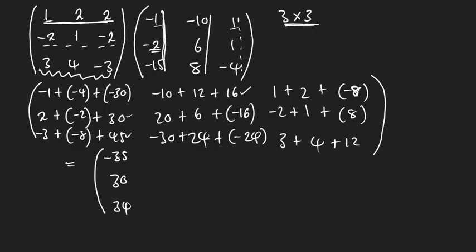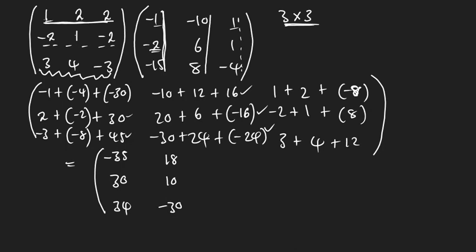Then we come to this part, minus 10 plus 12 plus 16, 18. This part, 20 plus 6 minus 16, 10. Come to this part, minus 30 plus 24 minus 24. It's giving us minus 30.